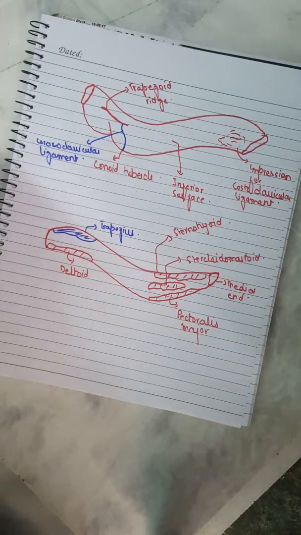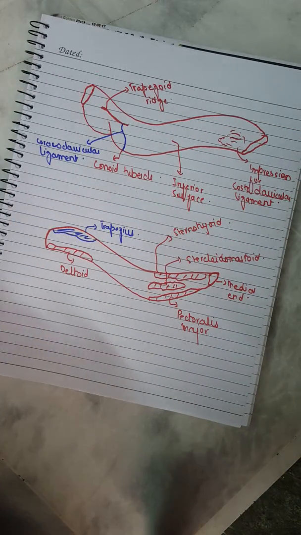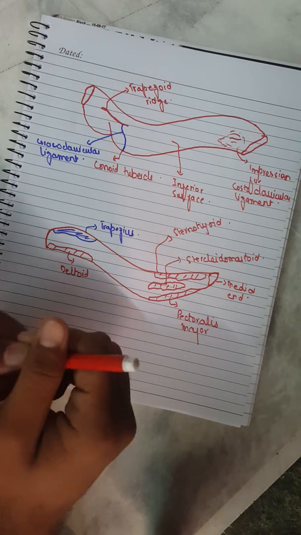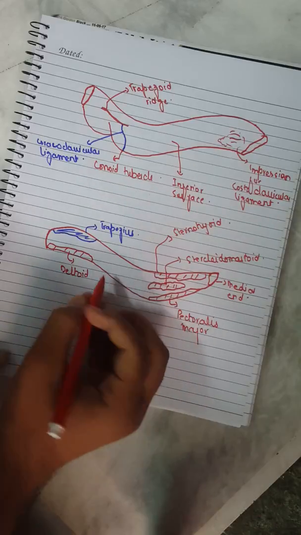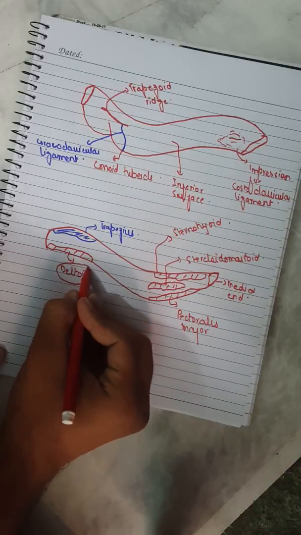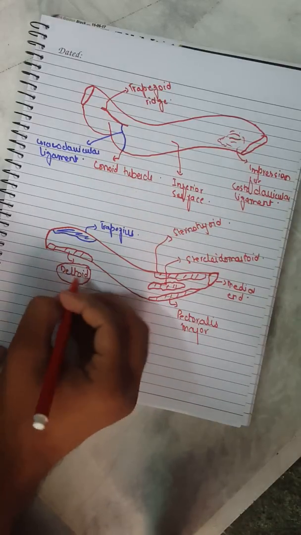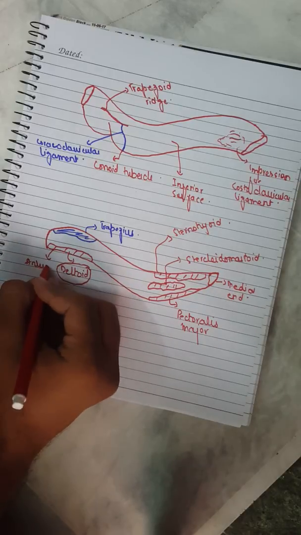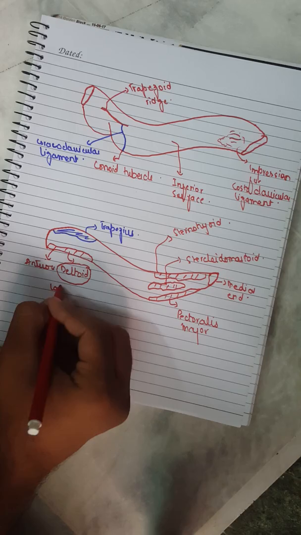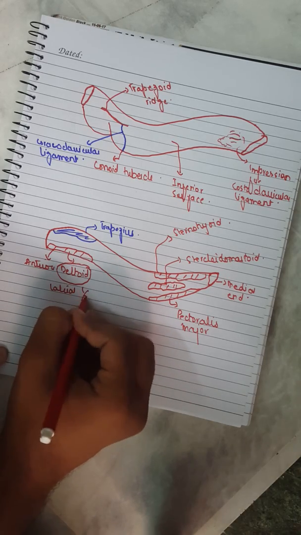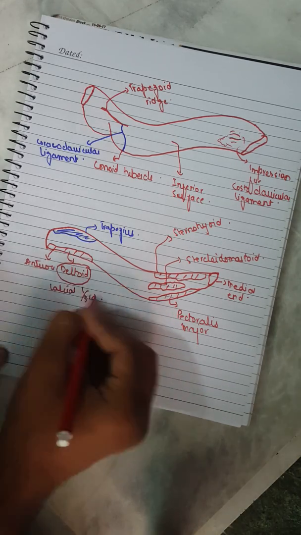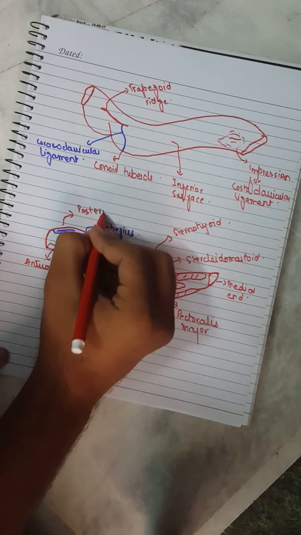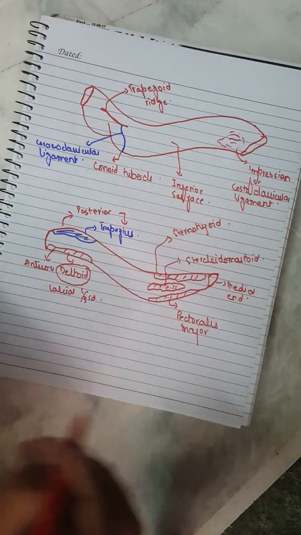Okay, now let us discuss the attachments of the clavicle. The clavicle gives attachment to the deltoid muscle on the anterior surface of its lateral one third, whereas on the posterior surface it gives attachment to the trapezius muscle.